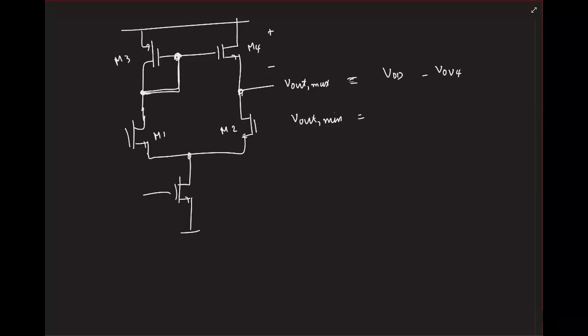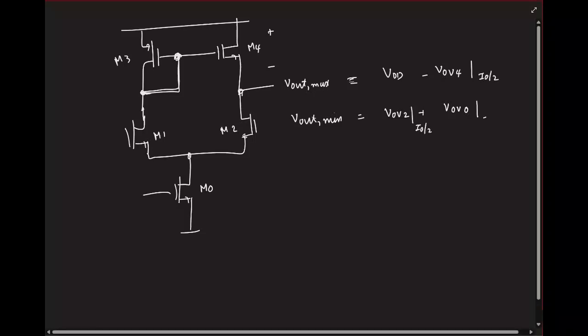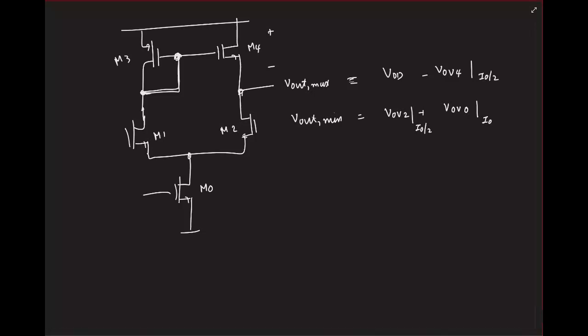And similarly, what will be the minimum? Overdrive of 2 plus the overdrive of M0. And again when you write this, you should be explicit, because M4 is biased at I0 by 2, this is at I0 by 2, whereas this is at I0. So when you are writing in exam or whatever, just overdrive doesn't make any sense.